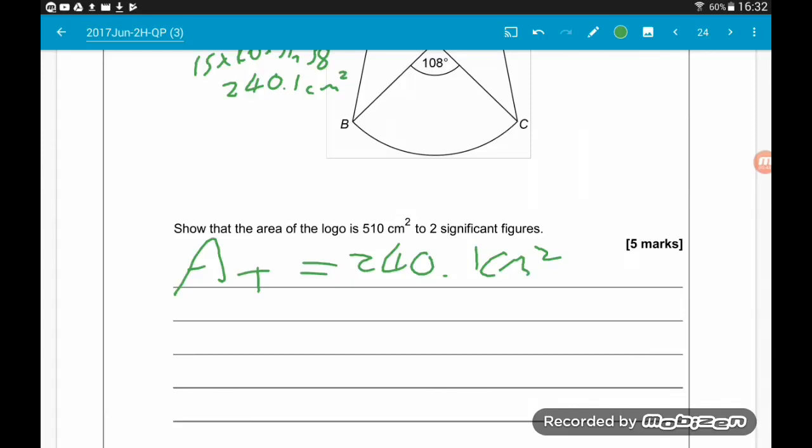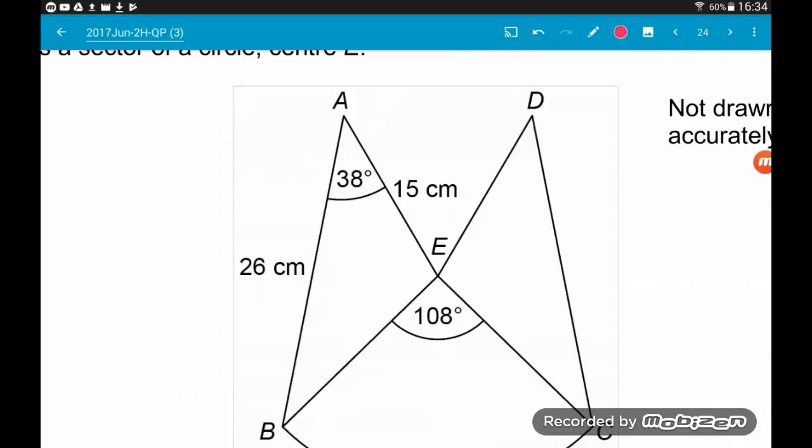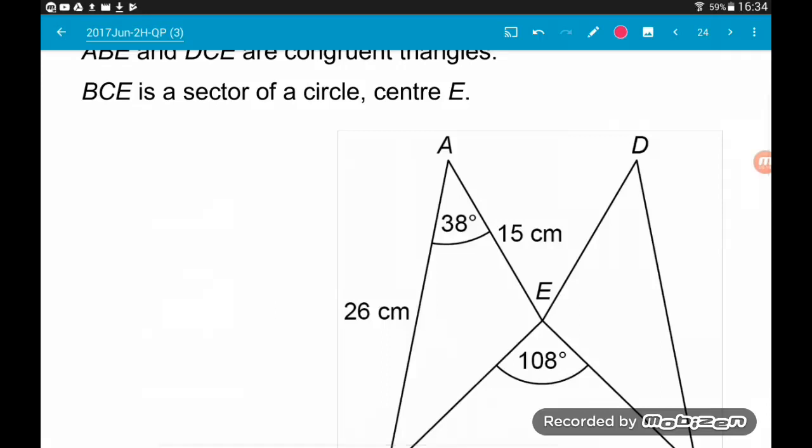Okay, so now we need to play with the cosine rule to work out the missing length of the circle, so the radius. Okay, so we're going to have to use the cosine rule here because we're in a non-right angled triangle and we don't have a matching pair of side and angle. If we did, we could use the sine rule and we'd all be a lot happier. But we haven't.